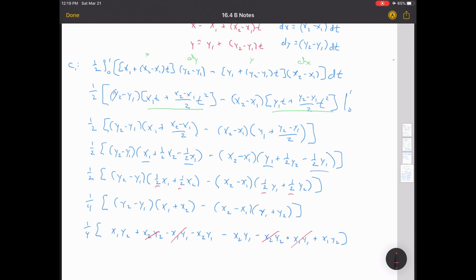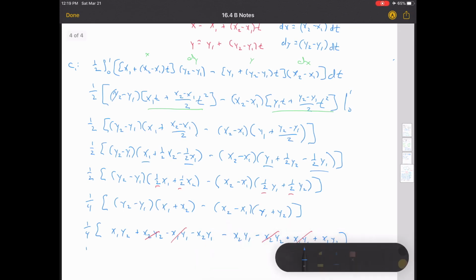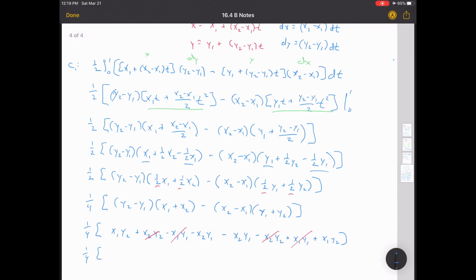So it looks like we're going to have 1/4 of 2 x1, y2s minus 2 x2, y1. But then, of course, I can pull the 2 out to the front, so that's going to give me 1/2 of x1, y2 minus x2, y1.